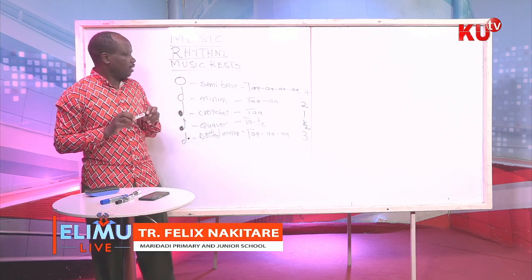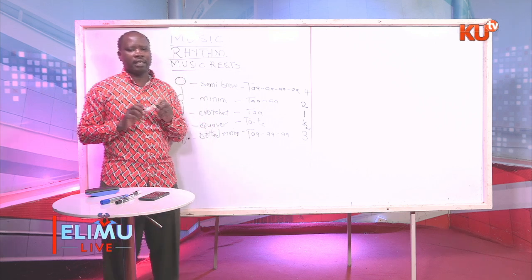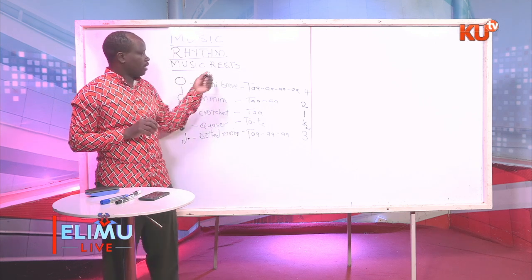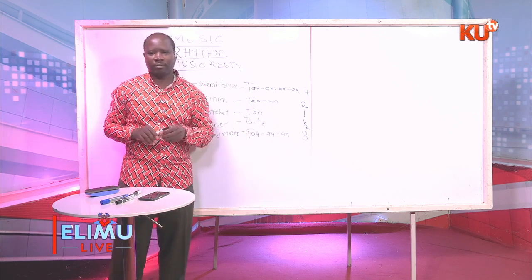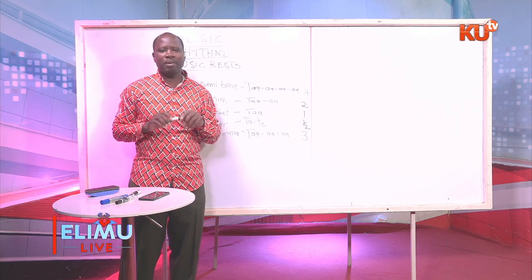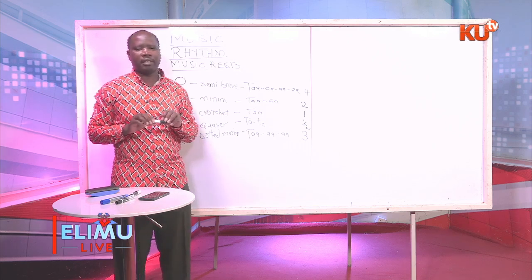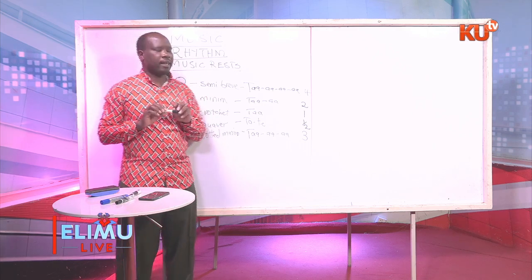A music rest indicates a period of silence in a song. And when you're given a period of silence, you do not sing. You remain quiet, you can hum, and maybe you remain standing still, or you can as well dance, but you do not produce any sound.